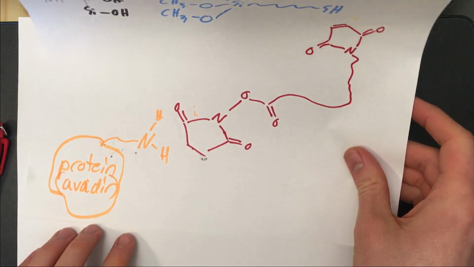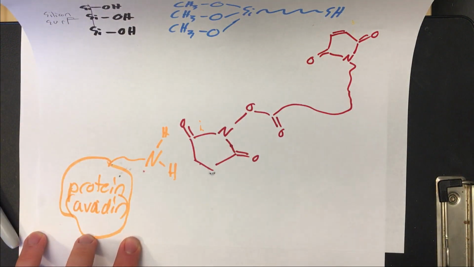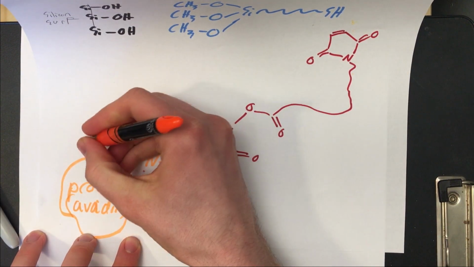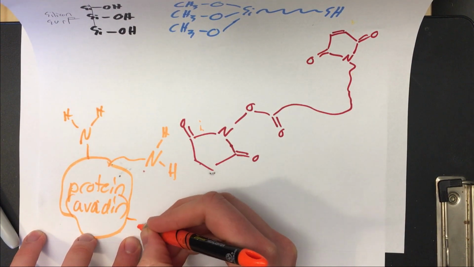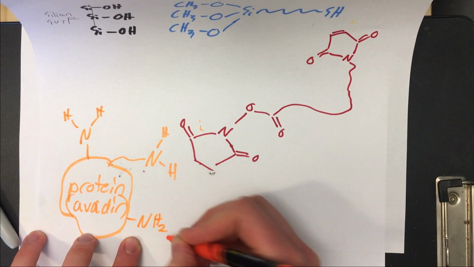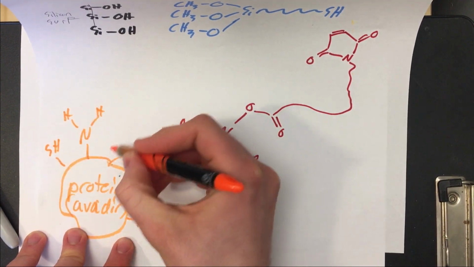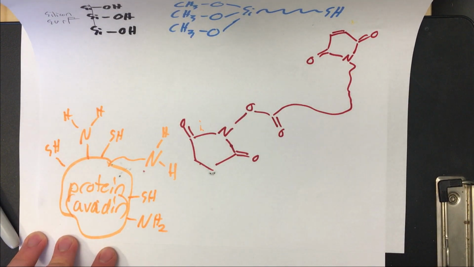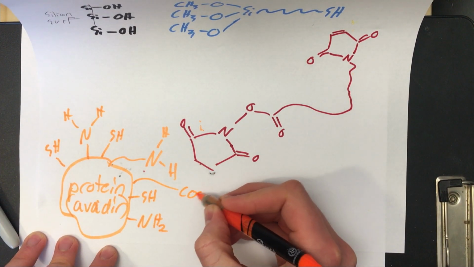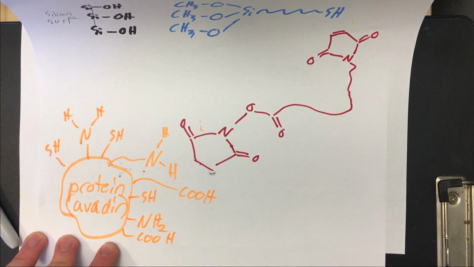Right, so when we talked about proteins, we said, yeah, a lot of proteins have NH2 groups, but many, many, many proteins, for example, have multiple NH2 groups sticking out. A lot of proteins also have SH groups sticking out, and they also have COOH groups sticking out.